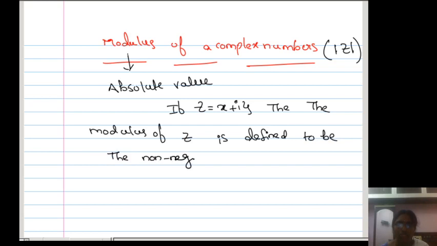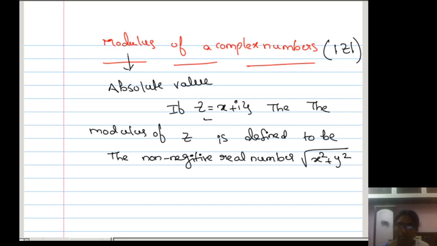What is the meaning of non-negative? Non-negative means positive, and 0 is also included. Yes, non-negative real number under root x square plus y square.